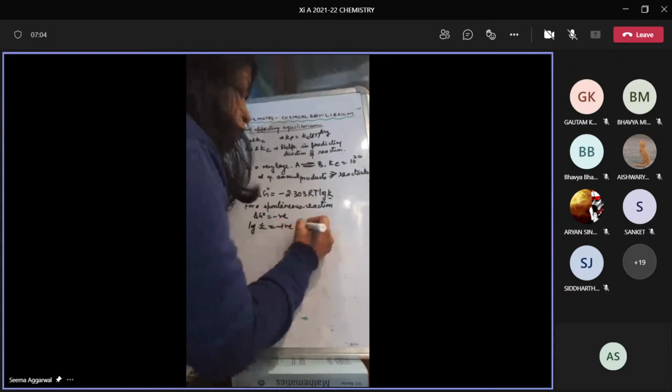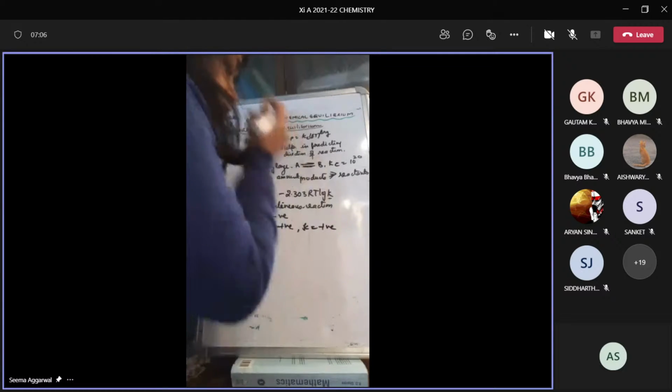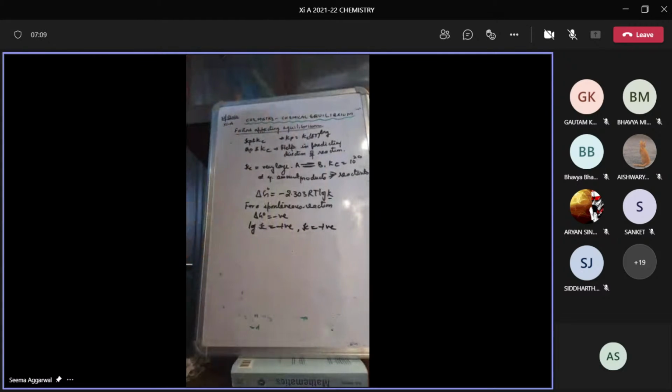Positive. Log K will be positive, so K is greater than 1. So for a reaction to be spontaneous, the equilibrium constant should be large.